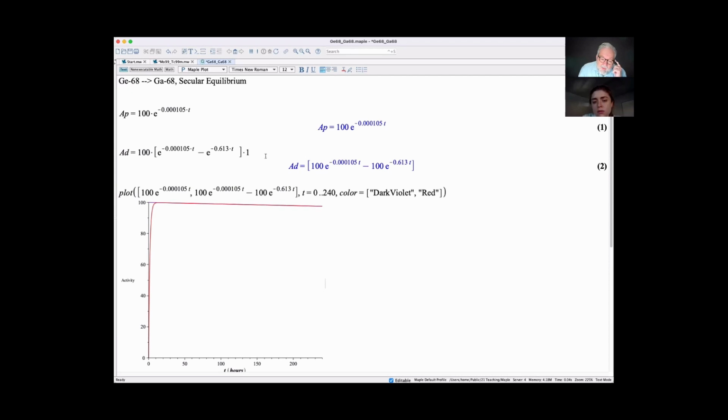If you don't remember how that works, just use the Bateman equation, plug in the numbers, and you'll get an expression.